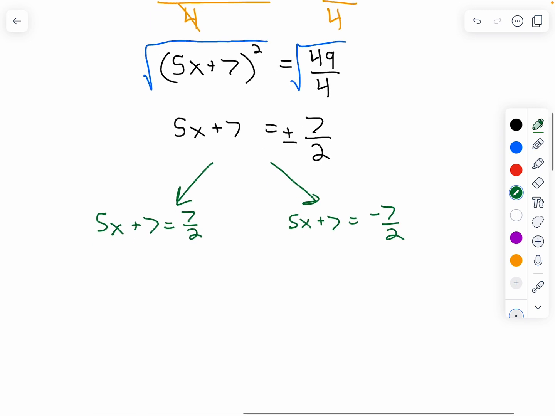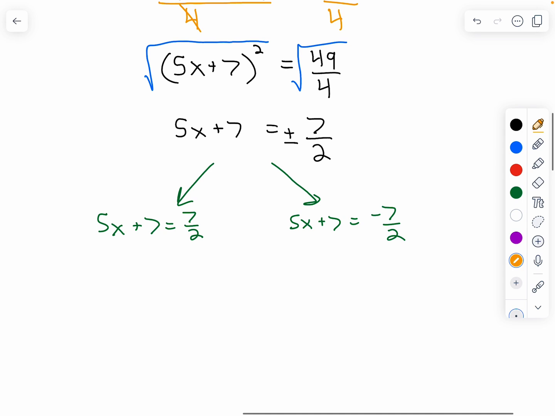We're going to just go ahead and solve both of those one at a time. Okay. So over on the left side, my first algebra step would be to subtract 7. So I'm going to rewrite this all on one line. I have 5x equals 7 halves minus 7.